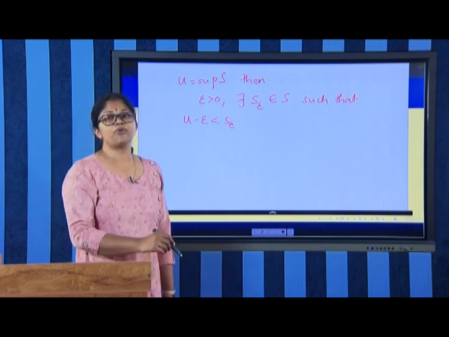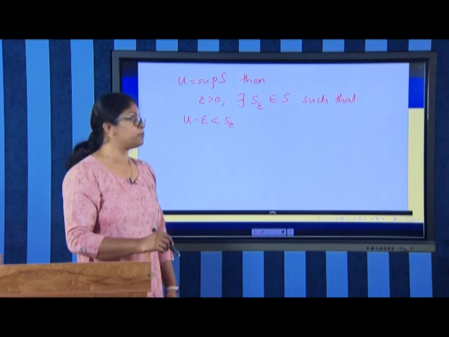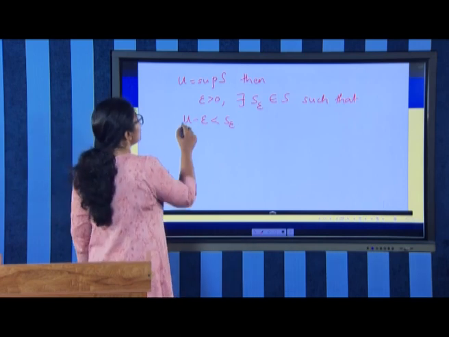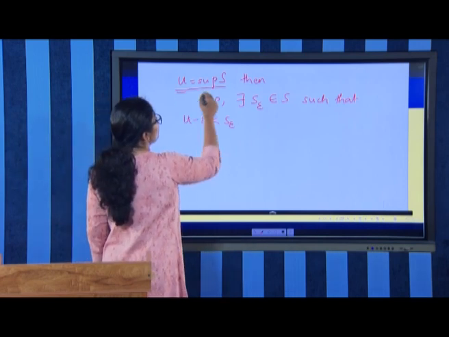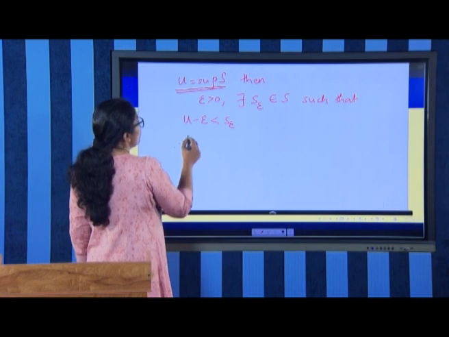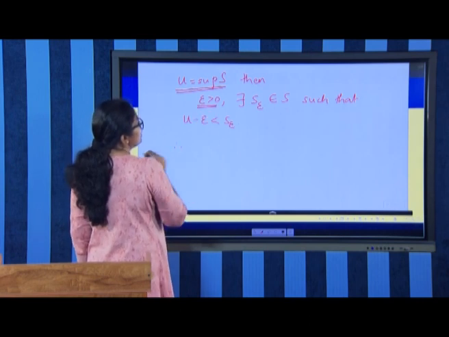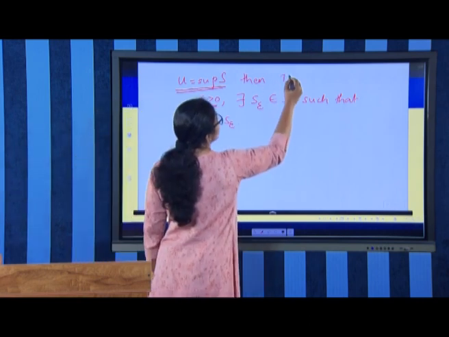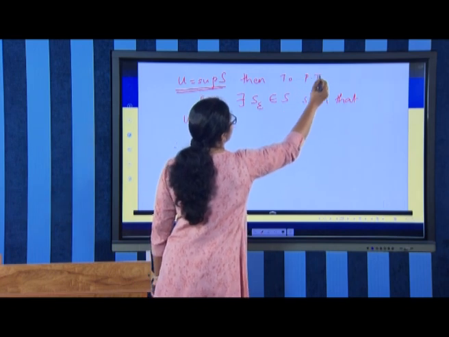That follows from the definition of supremum itself, because u is given to be the supremum of S. Therefore, for any epsilon greater than 0, this is what is asked to prove.